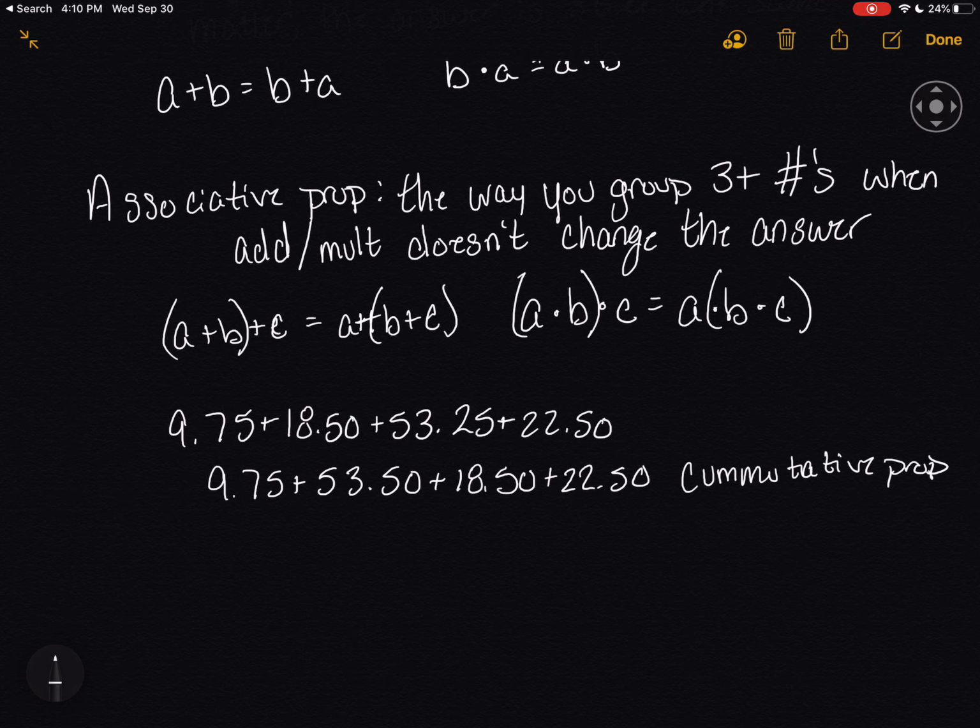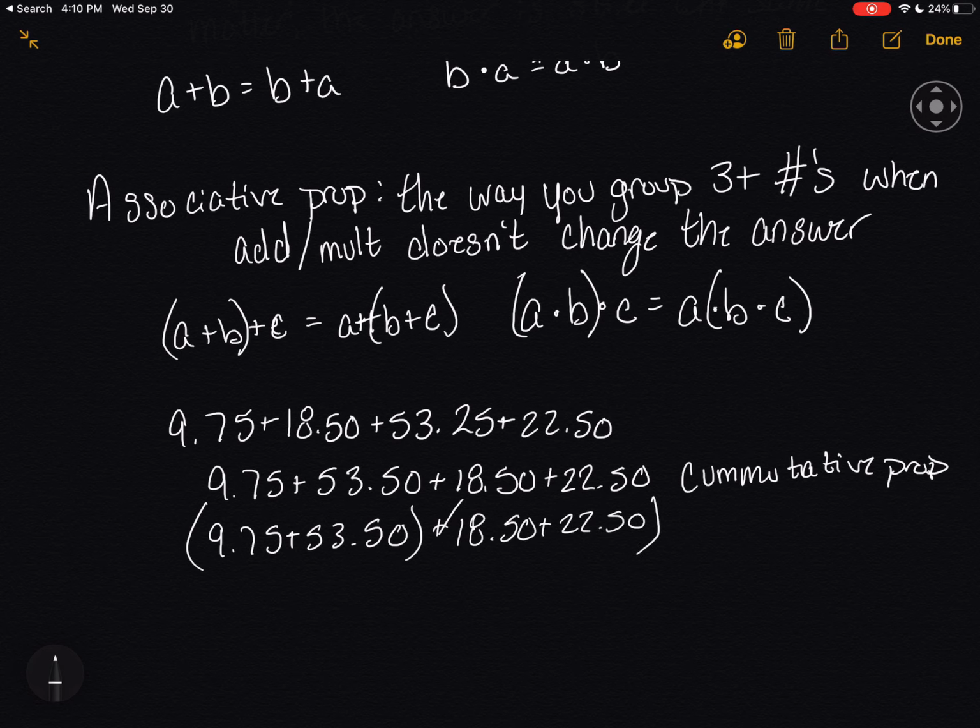And then if I decide that I want 975 and 5350 together, and I'm going to do those together, and 1850 and 2250, group those together, that would be the associative property. So then I can go ahead and solve that.